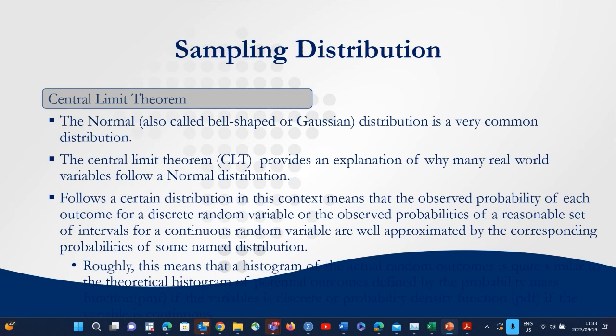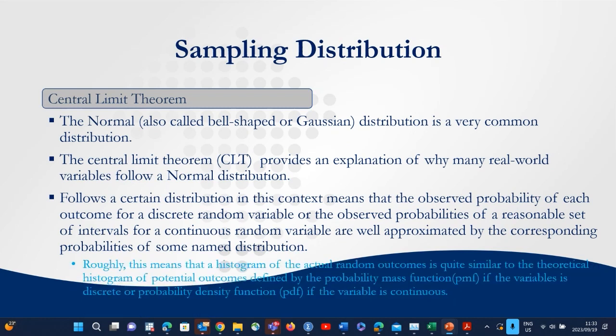So even though the distribution of the variable is not bell-shaped, the sampling distribution of the means that are coming from that population, the different means that you compute from that population, will approach a bell shape.